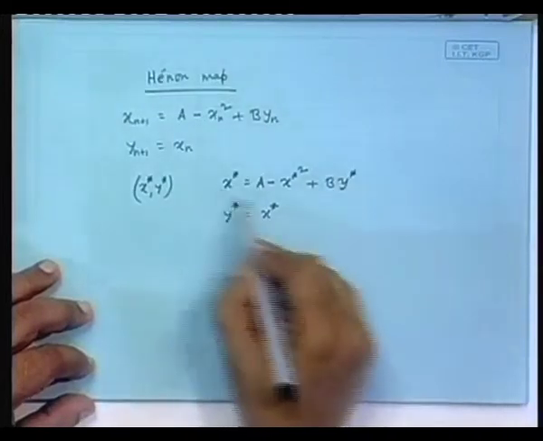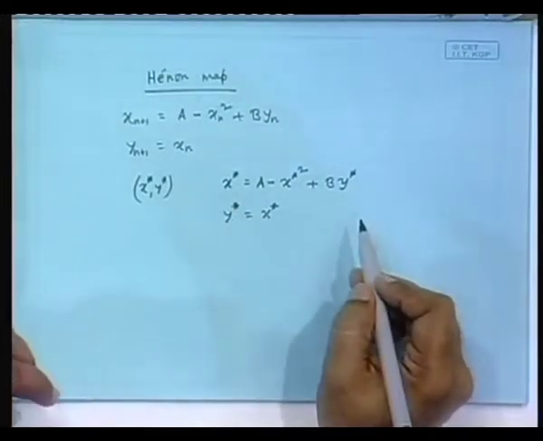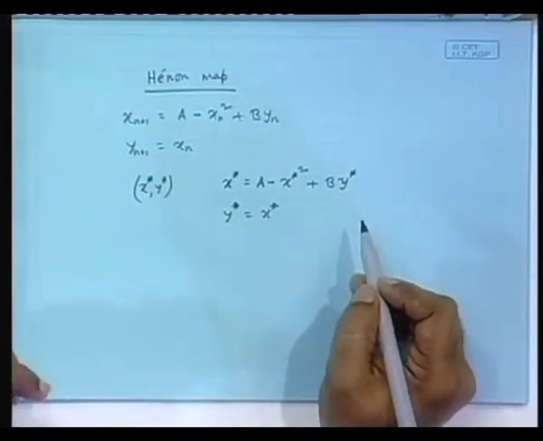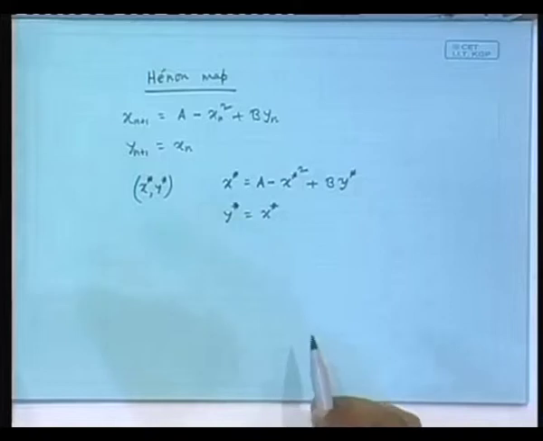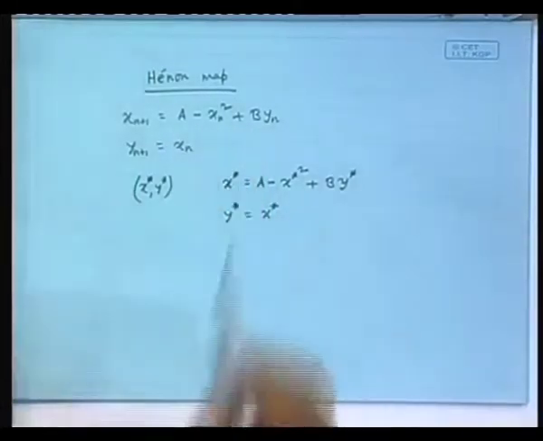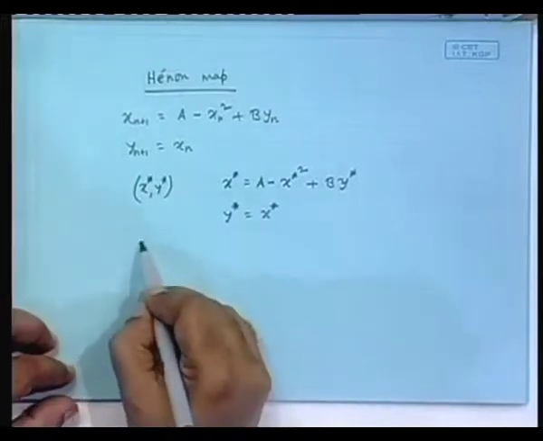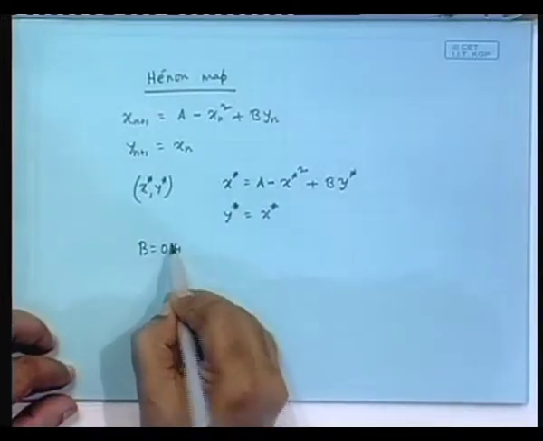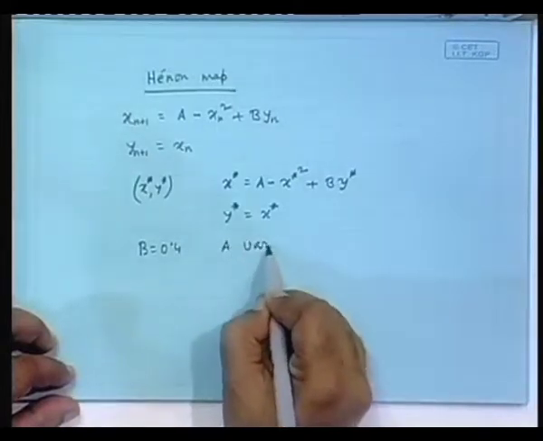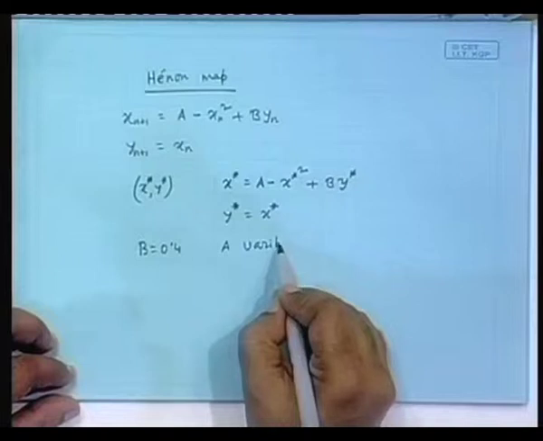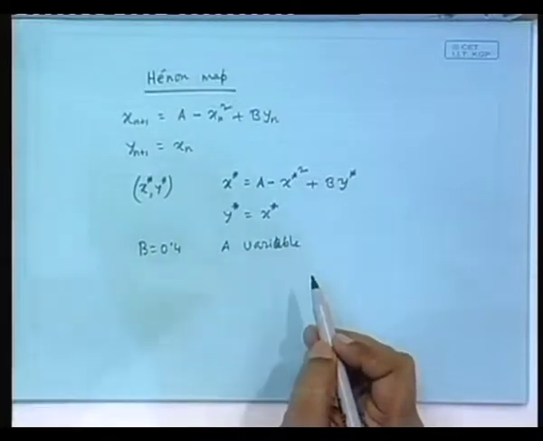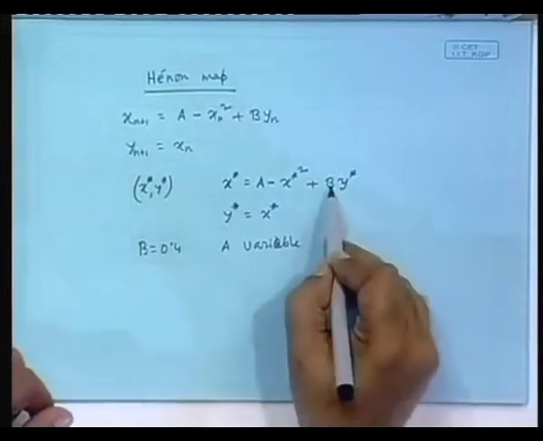Substitute here, you get a quadratic. Fine. Let us proceed by choosing one of these parameters. There are two parameters a and b. Let us choose one of these parameters. Say, let us set b = 0.4 and a variable, and we will be trying to understand what happens as a varies.